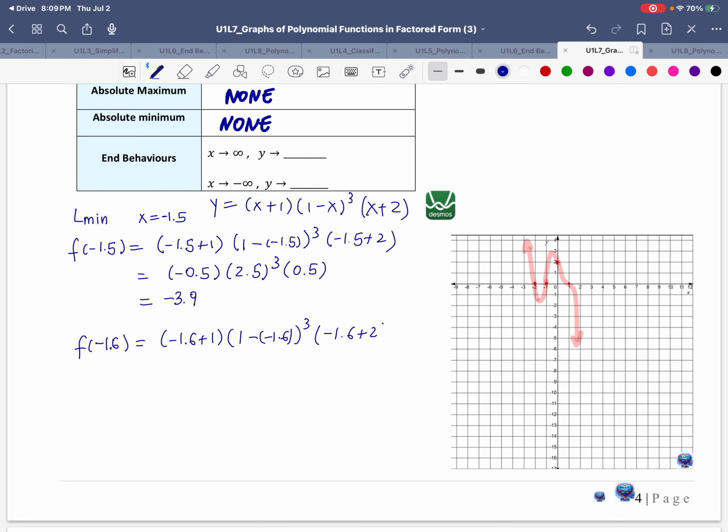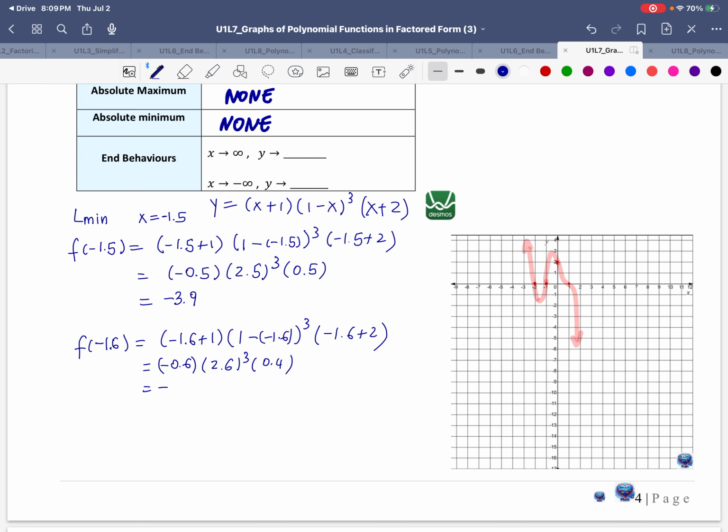Let's find out what we get here. The first one will be -0.6. Again, 1 plus 1.6, 2.6 to the power 3, and 0.4. So -0.6 times 2.6 to the power of 3 times 0.4 equals -4.2.